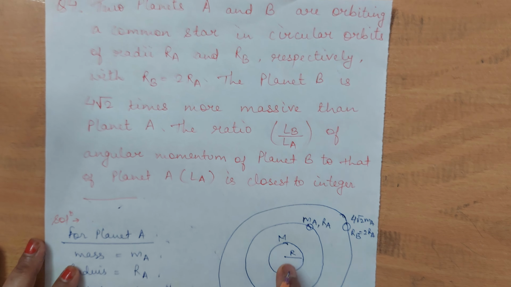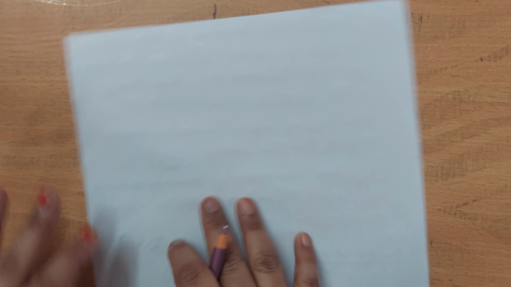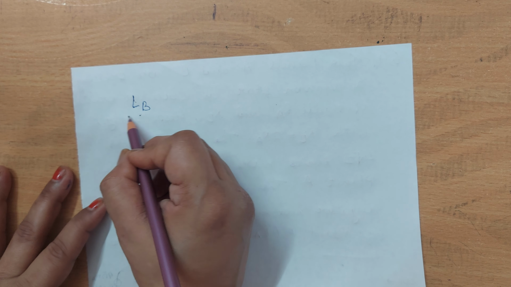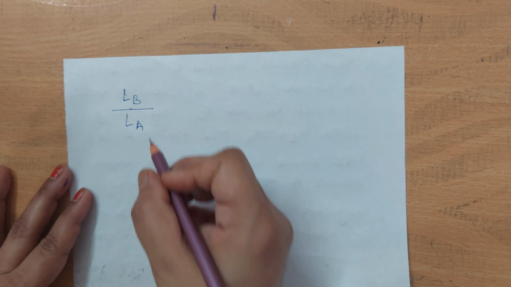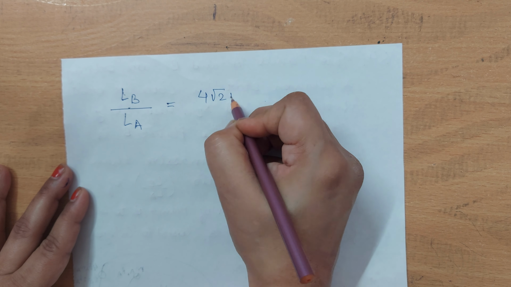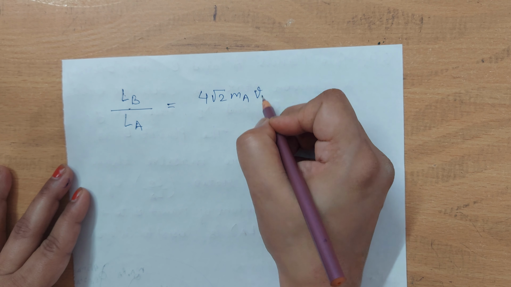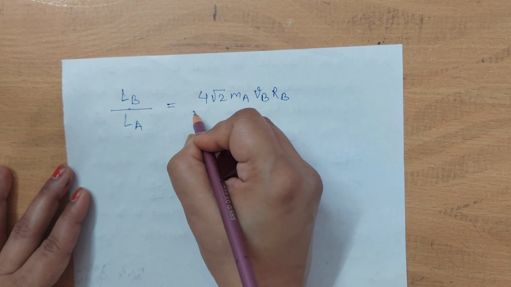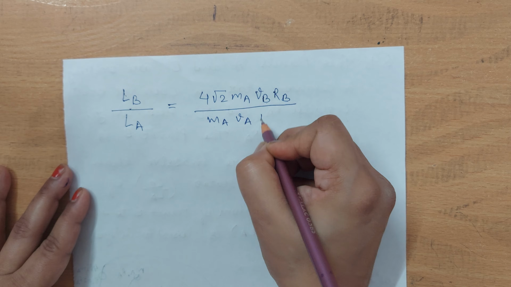Now we have to find the ratio of these two angular momenta. So Lb, which represents the angular momentum of planet B, by La, which represents the angular momentum of planet A, is equal to 4 root 2 Ma Vb Rb by Ma Va Ra.